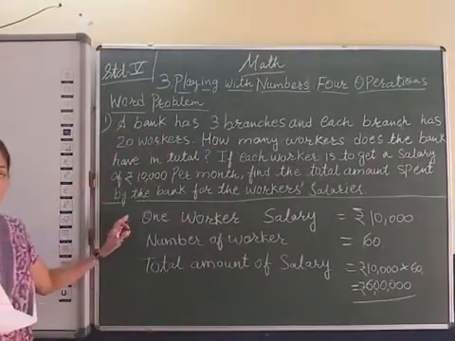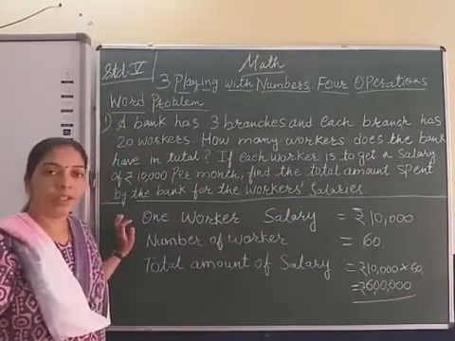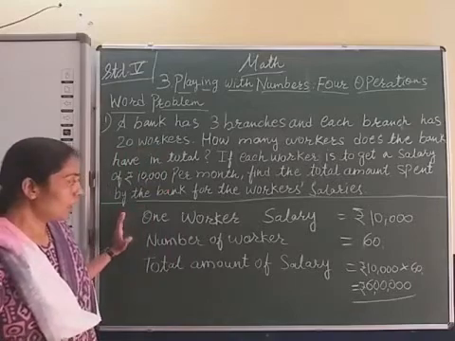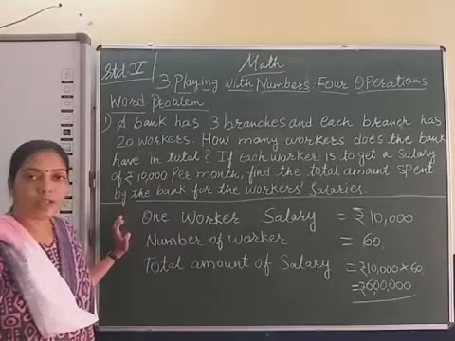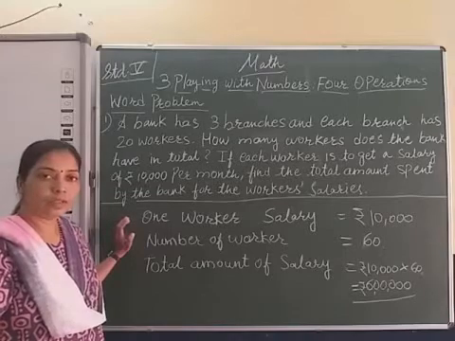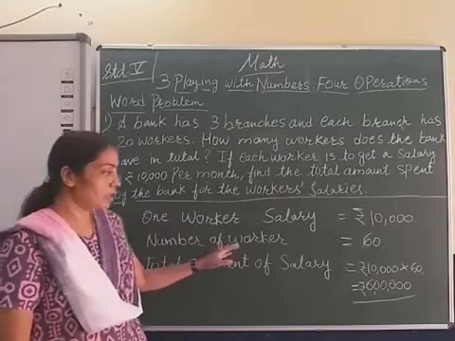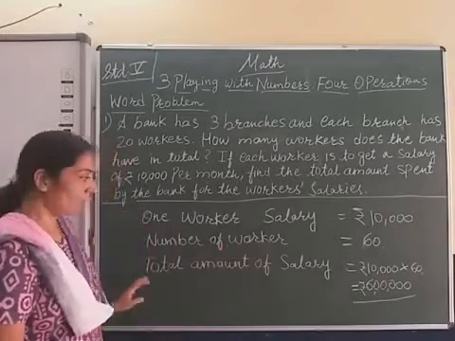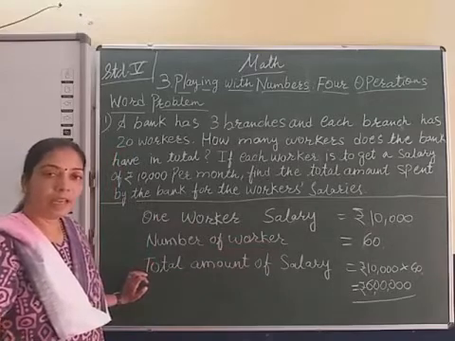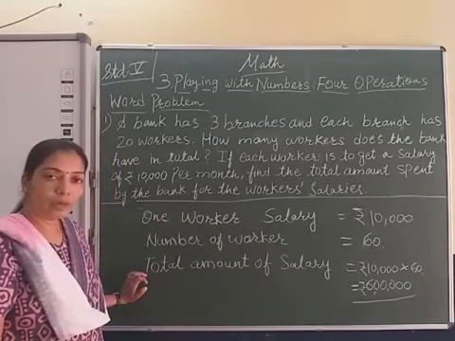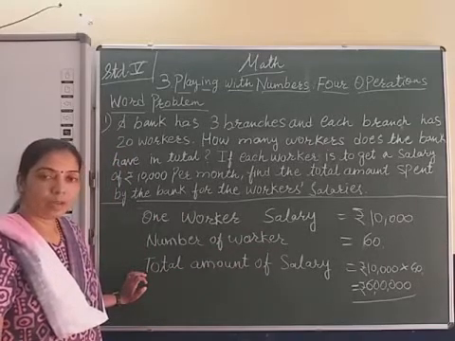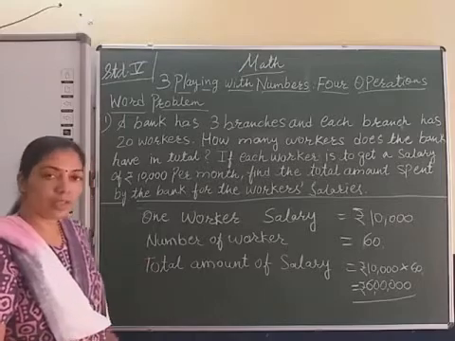When we find the number of workers, then we do the second solution. One worker's salary is rupees 10,000, and the number of workers is 60. So when we multiply this, we get the total amount the bank spent on workers' salary.